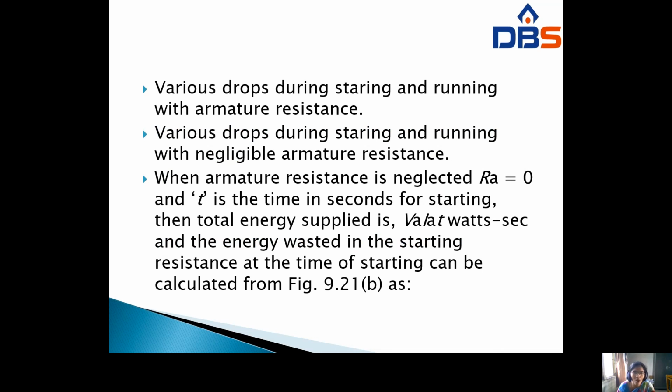Various drops during starting and running with negligible armature resistance. During the running condition, you neglect the armature resistance. When armature resistance is neglected, Ra equals 0, and T is the time in seconds for the starting.